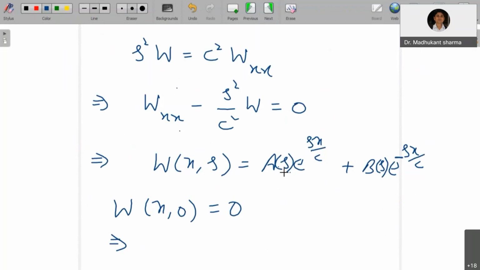Is s equal to 0? Now if s is equal to 0, this e to the power 0 is 1, and so what you will have is A of 0 plus B of 0 is 0.